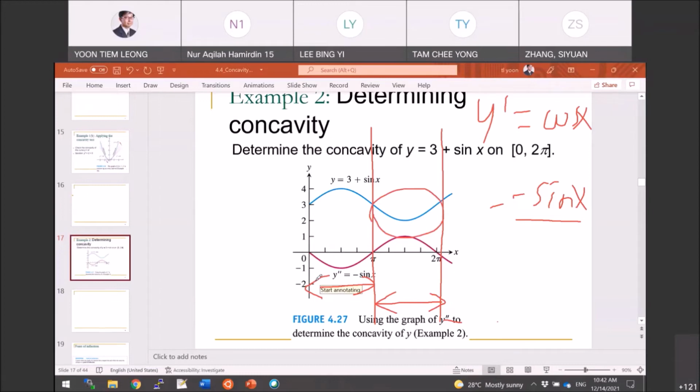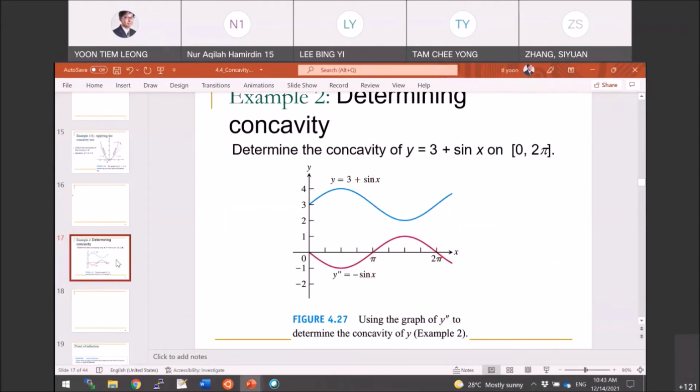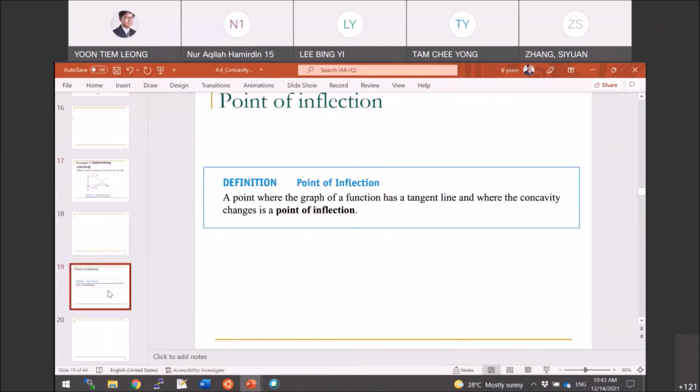This is a function that has a negative concavity. Right? So convince yourself that a function that looks like this has a negative concavity. The function that is like this is positive in its concavity. Okay, so this is another example of recognizing the concavity of functions.